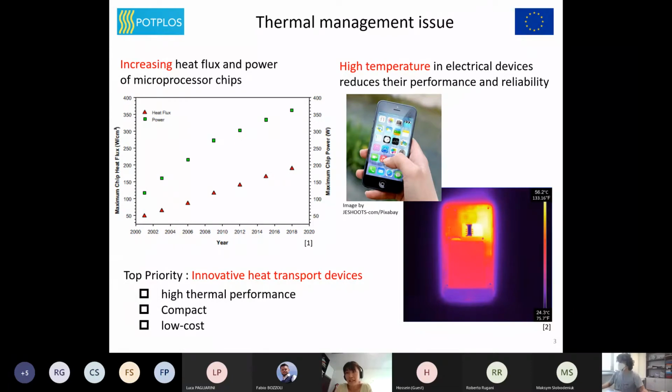The high operating temperature reduces the reliability and performance of electronics and eventually causes fatal failure. Thus, efficient thermal management is essential to remove heat from heat sources and prevent heat-related failures. The development of innovative heat transfer devices with high performance, compact size, and low cost is now a top priority.